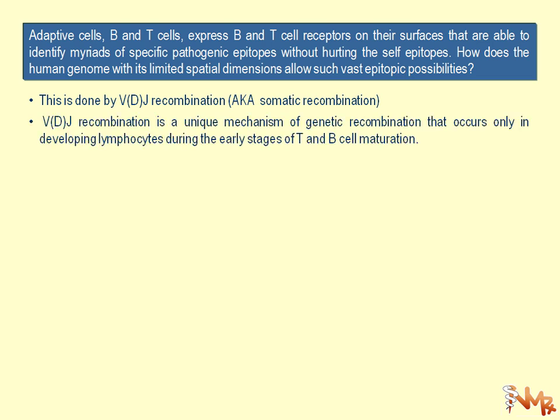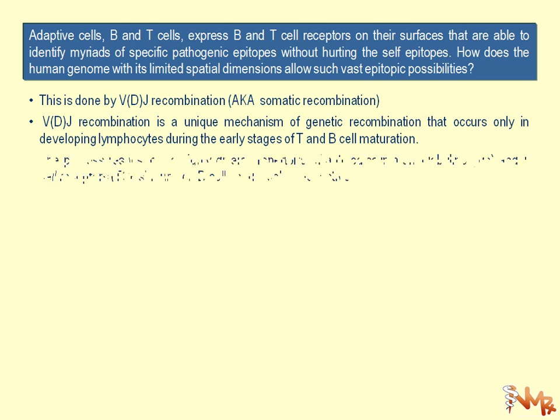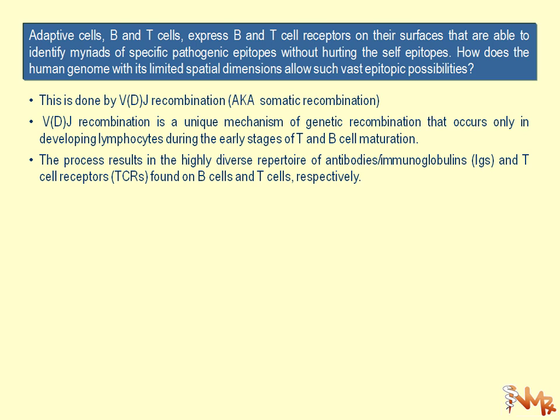VDJ recombination is a unique mechanism of genetic recombination that occurs only in developing lymphocytes and only during the earliest stages of T and B lymphocytic maturation. The process results in the highly diverse repertoire of antibodies, immunoglobulins, and T cell receptors that are found on B and T cells respectively.